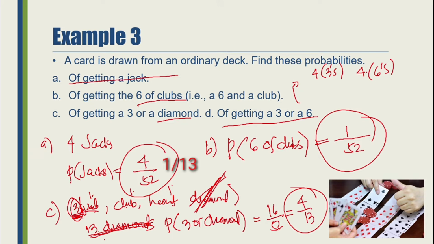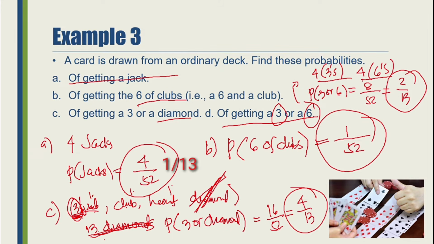Therefore, the probability of 3 or 6 is equal to, we have to add these events, 8 over 52, that is equal to 2 over 13. Again, getting 3, how many threes do we have? There are 4 threes, and there are 4 sixes. So therefore, 8 over 52, that is 2 over 13.